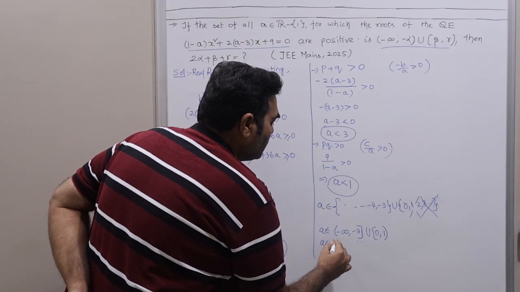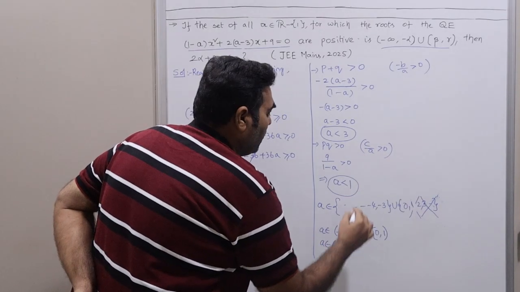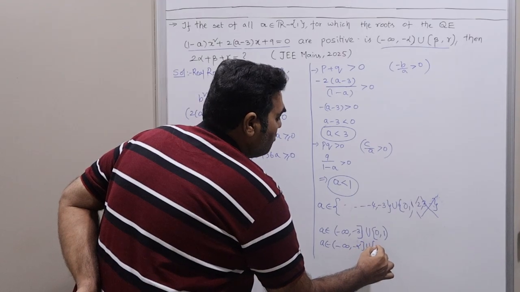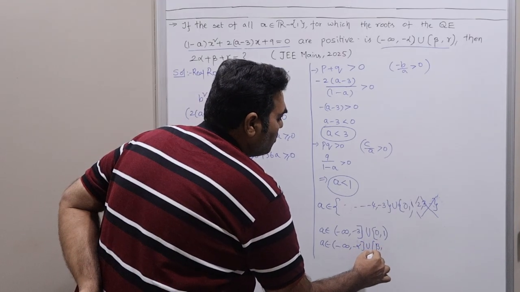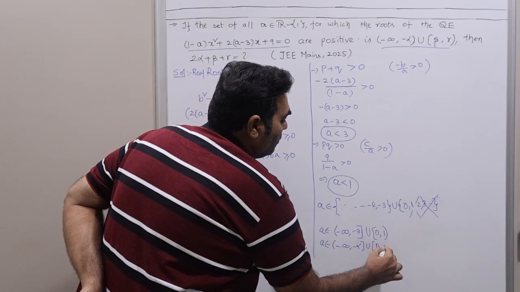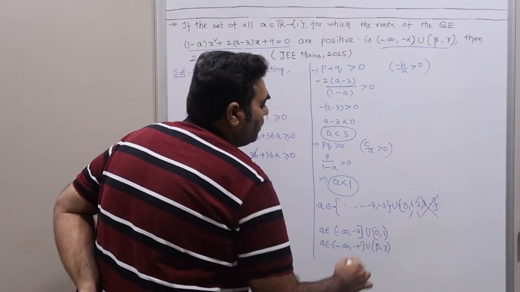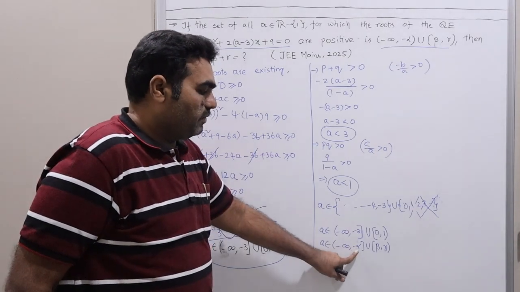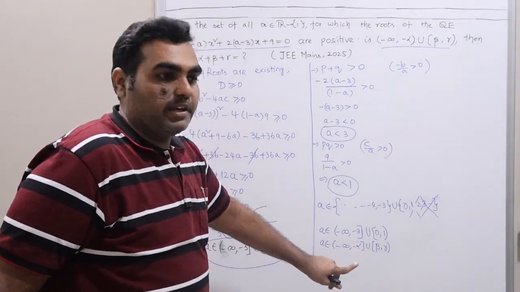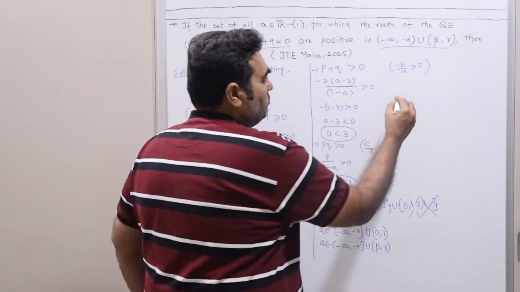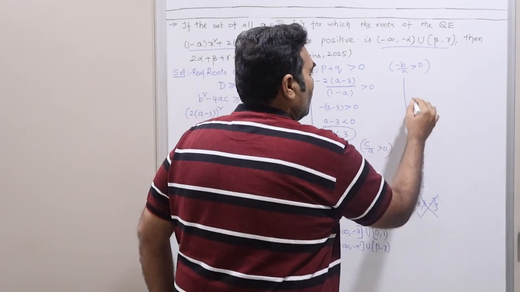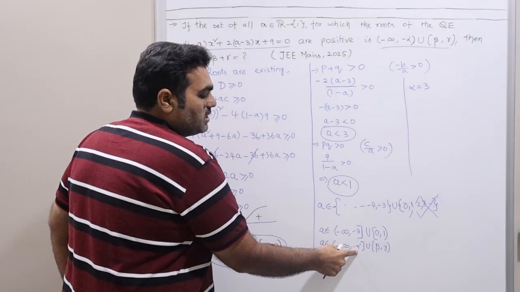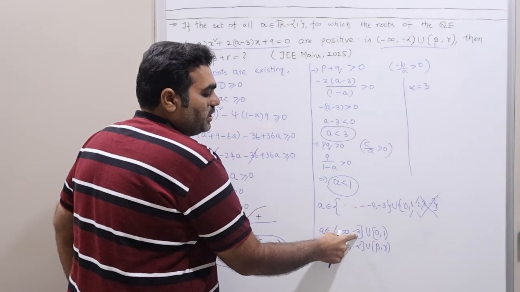Now if you compare this with whatever the condition he has given, in the problem he has given minus infinity, I am rewriting this: minus alpha union beta, closed interval beta, and open interval gamma. Now if you compare, you can find the values. Alpha is equal to 3, since it is minus alpha, minus 3.